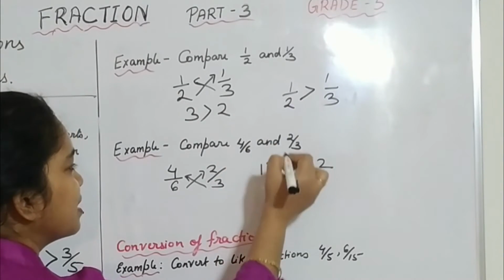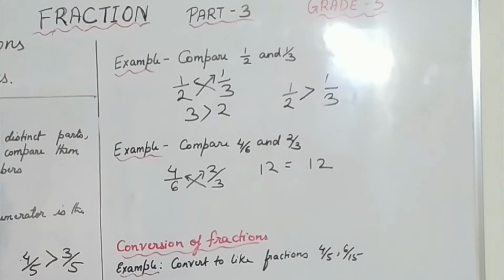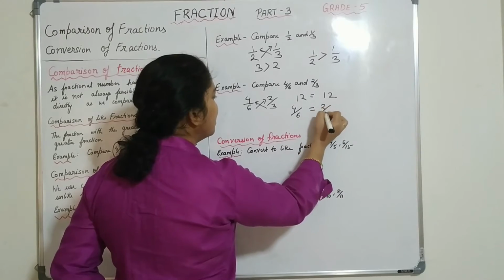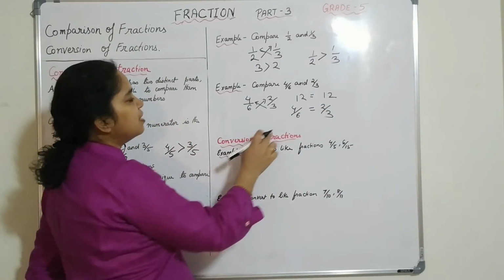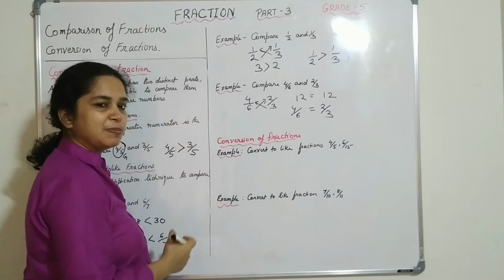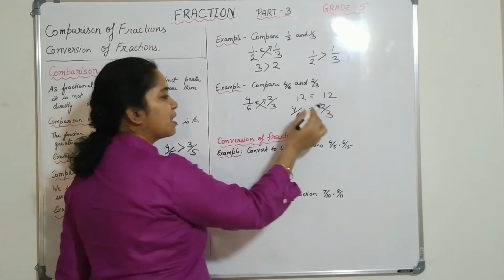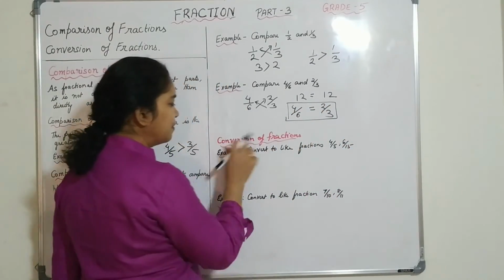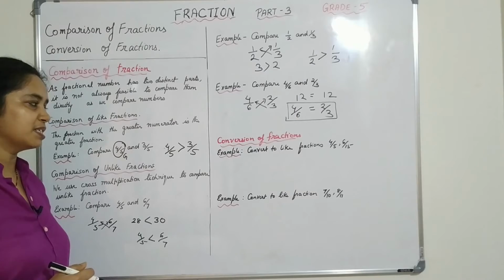So 4 by 6 and 2 by 3 is an equivalent fraction. 4 by 6 is equal to 2 by 3, because when we cross multiplied it came the same.